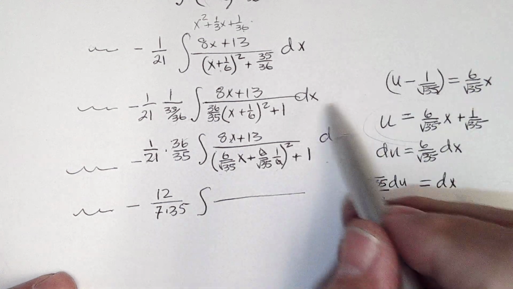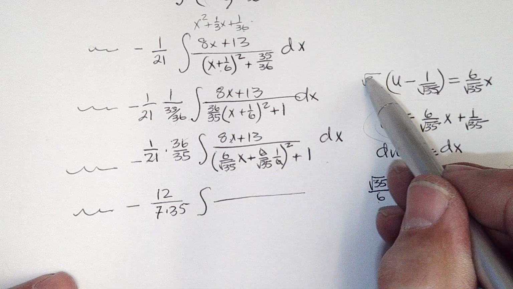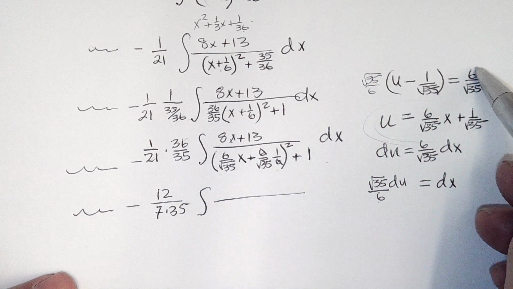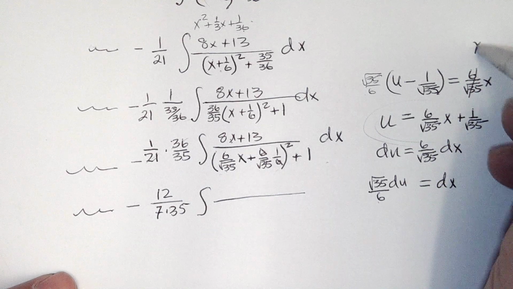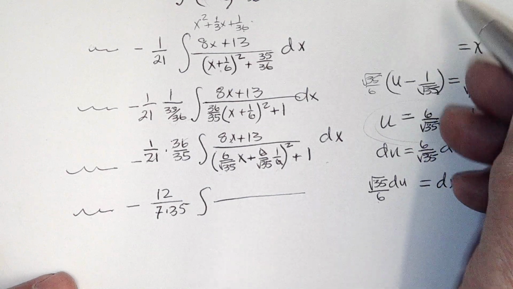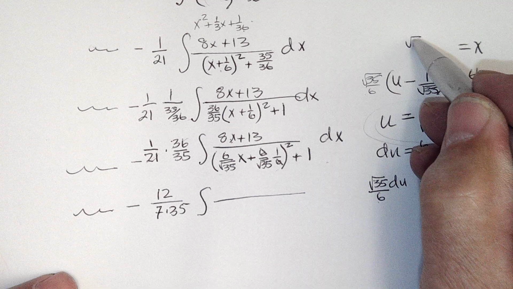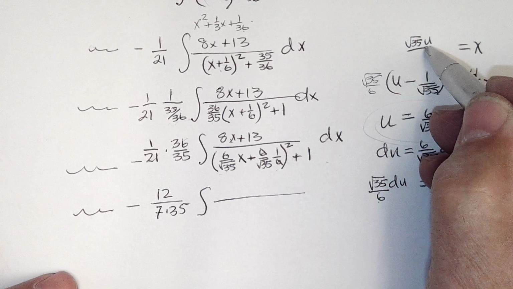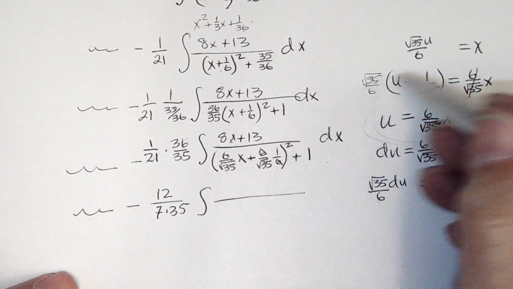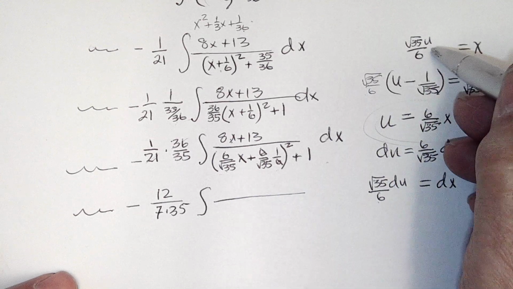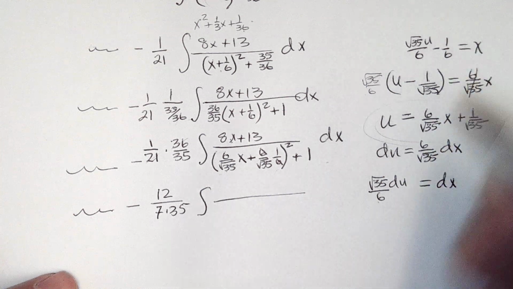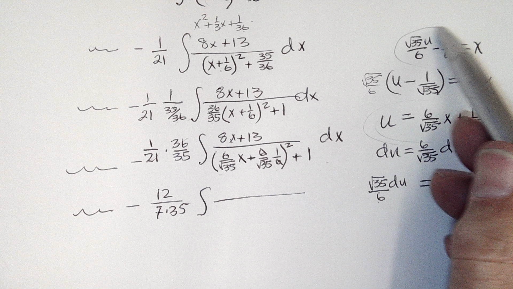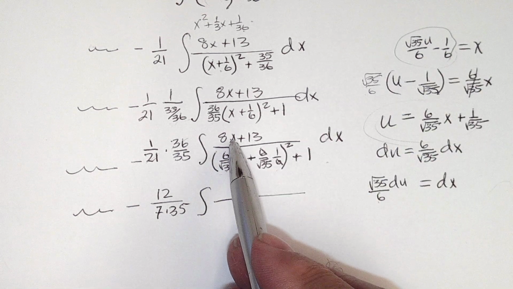So I need to multiply both sides by the square root of 35 over 6, which would cancel that, and I get x equals square root of 35 u over 6 minus 1/6. So I'm going to put that here.